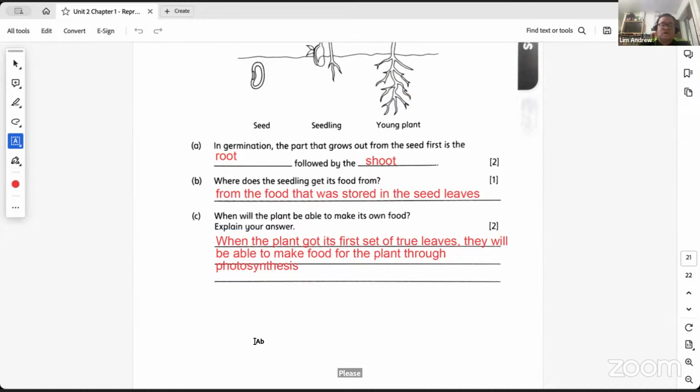So when the plant gets its first set of true leaves, the plant will be able to make its own food through photosynthesis.